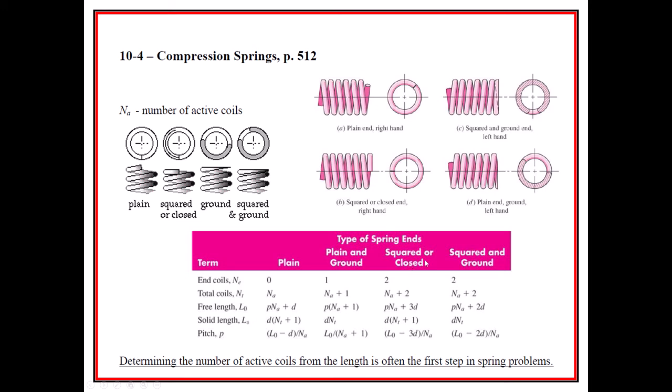Then squared or closed, or squared and ground, either this one or that one, we're going to say that 2 of the coils are ineffective. This is kind of a weird one where they go backwards. They tell you the total number of coils is equal to this, but what they really should say is the number of active coils will be the total coils minus the end coils. That's what they really mean right here.